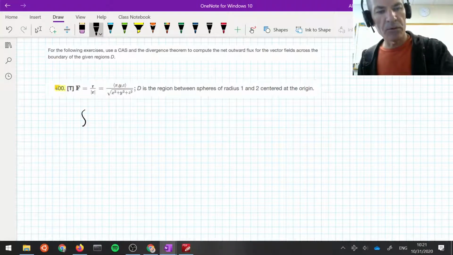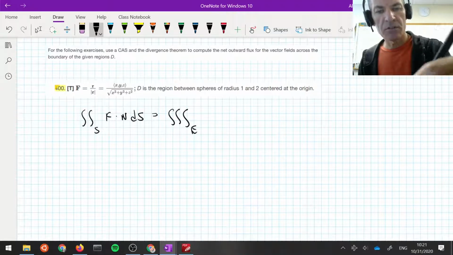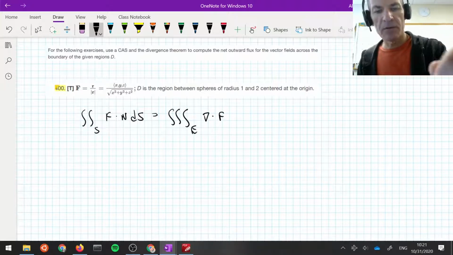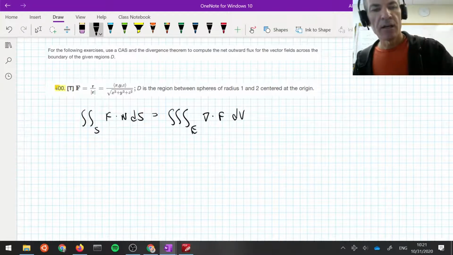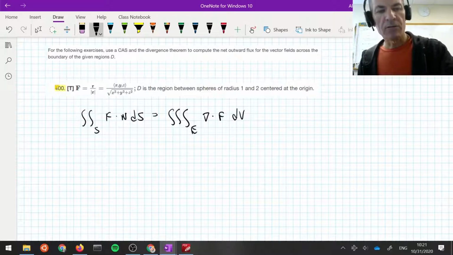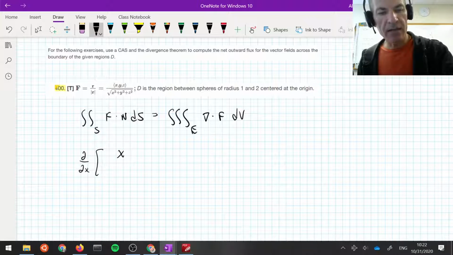We know that we want to compute the integral over S of f dot n dS, and we know that that's equal to the divergence of f integrated over the enclosed volume E. So we're going to need the divergence of f. I'm going to start just by focusing on the partial derivative of the first component of f with respect to x. So we want to compute the partial with respect to x of x divided by the square root of x squared plus y squared plus z squared.